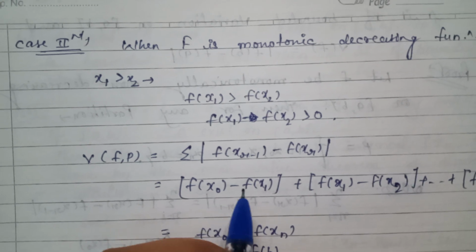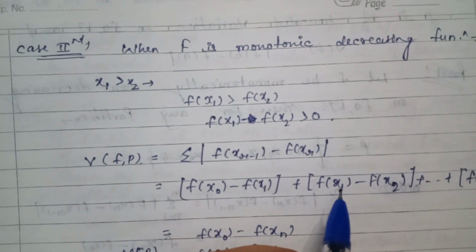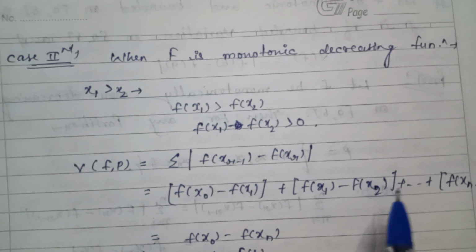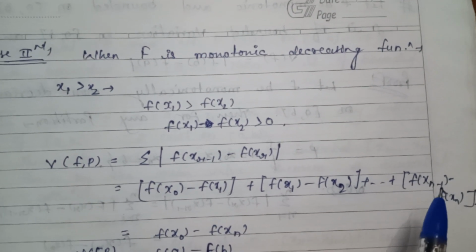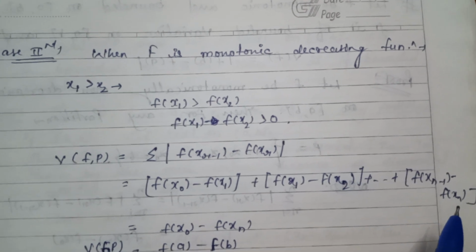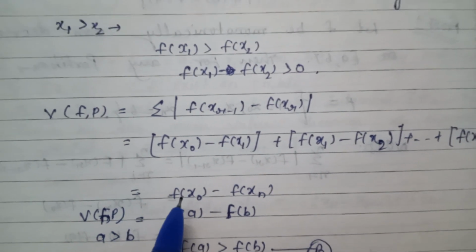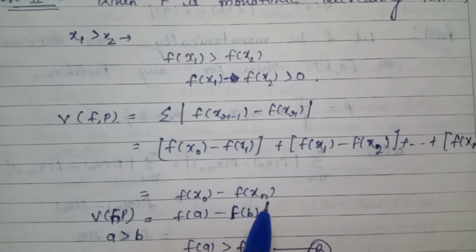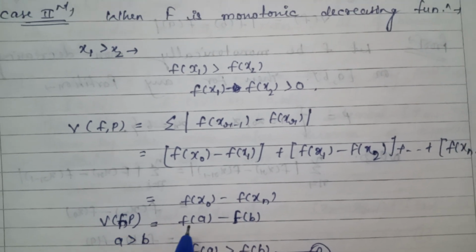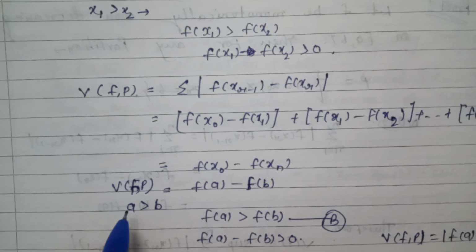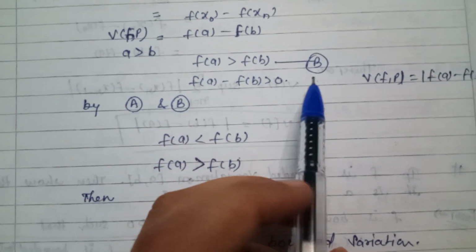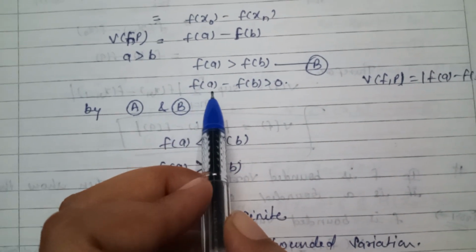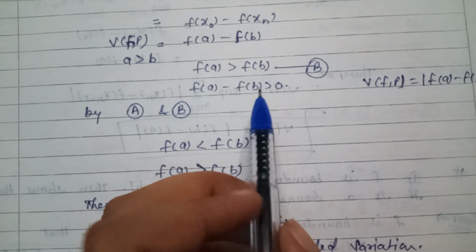So f(x0) − f(x1) + f(x1) − f(x2) + and so on + f(x_{n−1}) − f(xn), or it can be written as f(x0) − f(xn). So V(f, P) = f(a) − f(b). Here a is less than b, f(a) is greater than f(b), which is equation number B. So f(a) − f(b) is greater than 0.